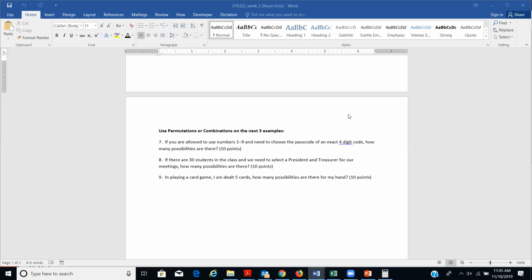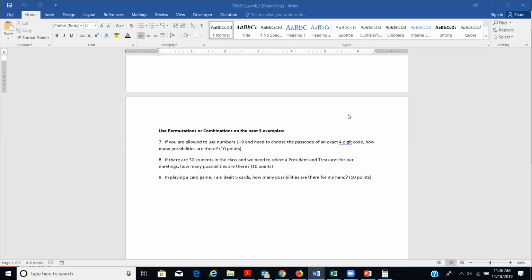Combinations are different in that with permutations, the order matters. So 1, 2, 3, 4 is different than 4, 3, 2, 1, even though they're the same 4 numbers.